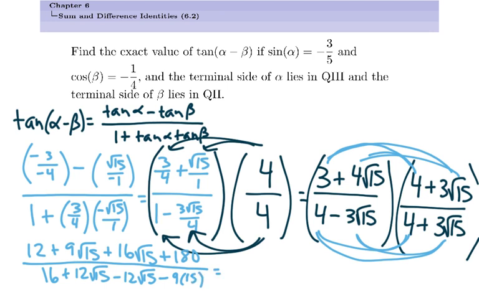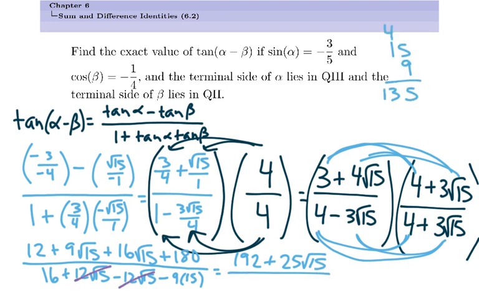Simplify the top. 180 plus 12, 16 plus 9. Combine those like terms. These values are opposites. So I get negative 135 when I multiply, so negative 135 plus 16. And that's as simple as I can get.